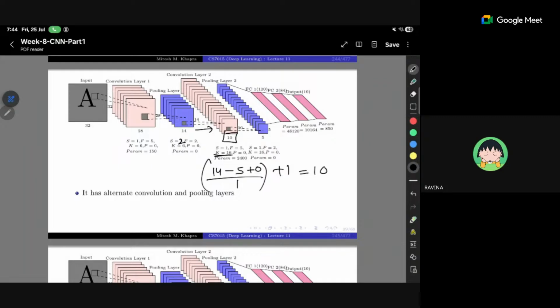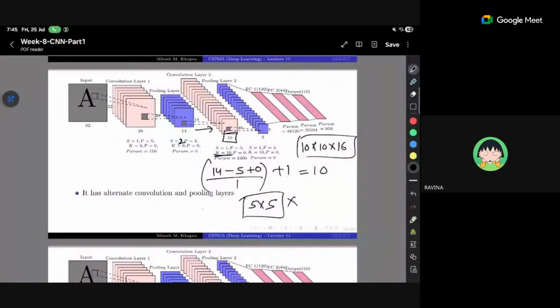Now how many parameters will be there? How many filters did I use? 5 cross 5 filters were there, and I used how many of them? First, is it 5 cross 5, correct? Did I only use a 5 cross 5 filter? Sir, 16 also.